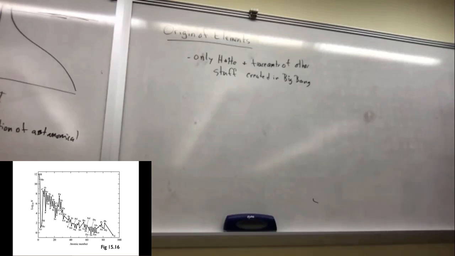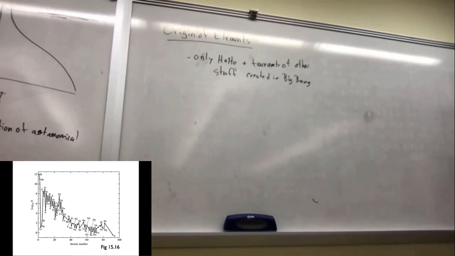So hydrogen and helium are clearly still the dominant ones, and that's not surprising. Lithium, beryllium, and boron are really low. And then you've got some interesting trends. It seems clear that we're getting lower abundance as we go towards more massive elements. You've got an odd-even effect, where all the odd-numbered elements are lower than the even-numbered elements.